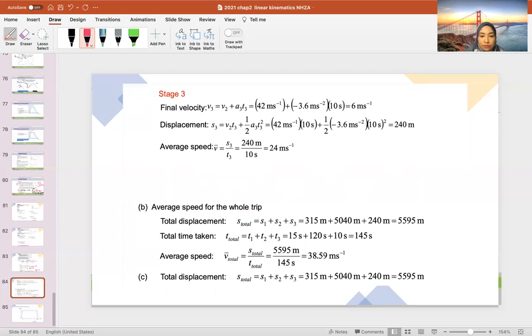So for the average speed for the whole trip, you will have to find the total displacement, S1 plus S2 plus S3. Then you divide this total by the total time, and you will get the average speed for the entire trip. This is how you calculate the average speed.